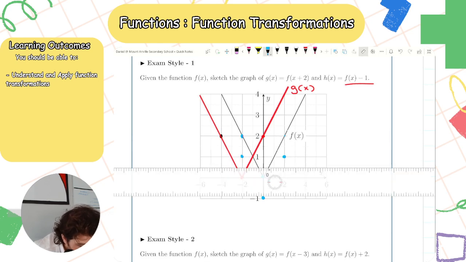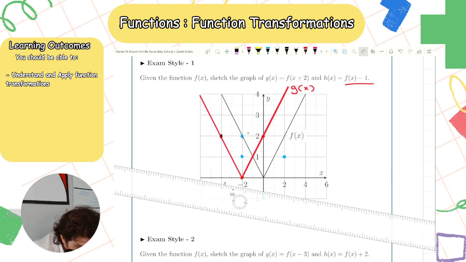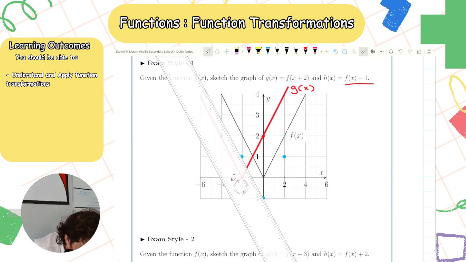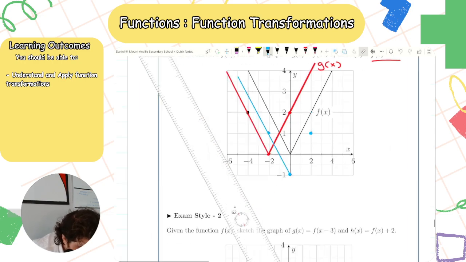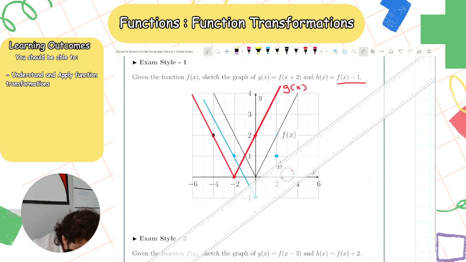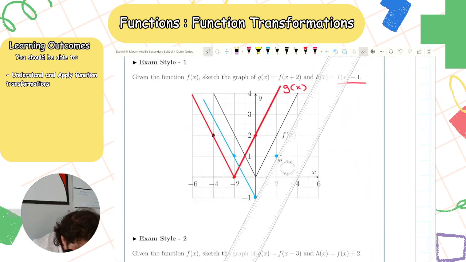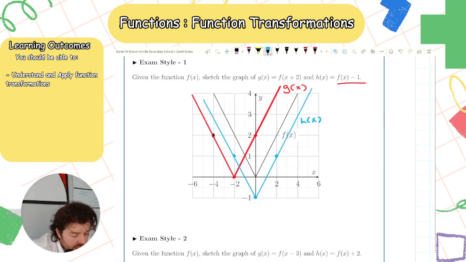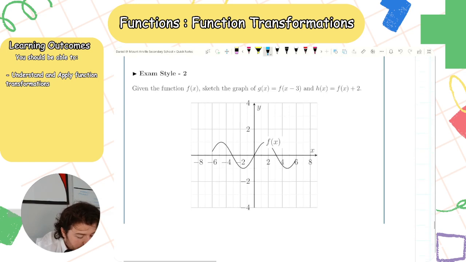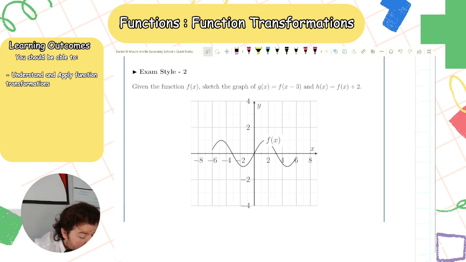So this is now going to be, boom. That is h of x. That's being moved down 1, and then g of x is being moved to the left.